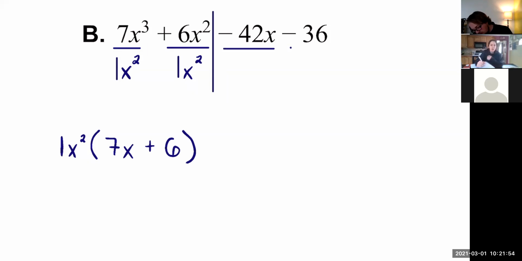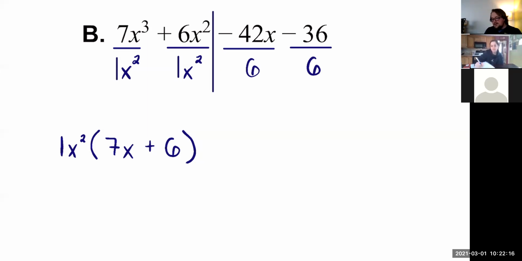Putting that on hold, moving over to the right-hand side, we now have negative 42x and negative 36. What divides nicely from both 42 and 36? I would say 6 would work. Now, knowing that sometimes the signs get a little bit wonky, I'm going to check something real quick.